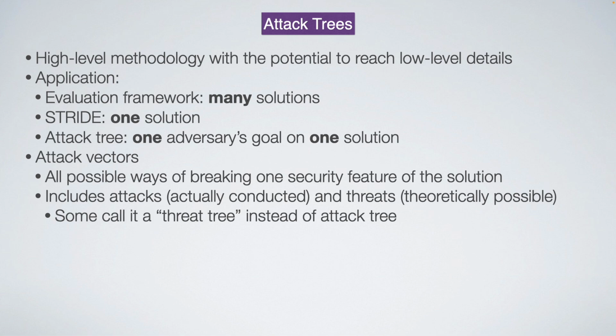Here for attack trees, we're interested in attacks and threats. We're not going to distinguish between the two. Some people actually call them threat trees as opposed to attack trees, but the more common way of describing it would be to call it an attack tree. Okay, so we accept both attacks and threats in the tree.